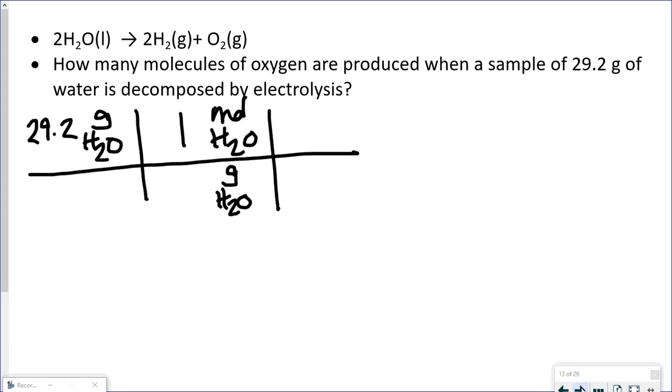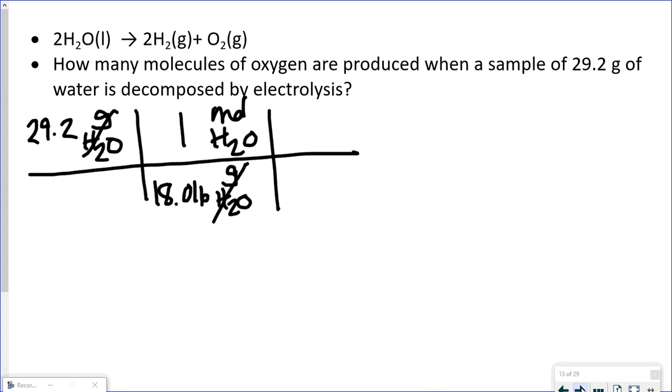Remember, 1 mole is equal to the molar mass of water, which we just used in the last problem. That was the 18.016. That cancels out grams of water, leaving us with moles. But we're looking for molecules of oxygen, not moles of water, so we need to keep going.